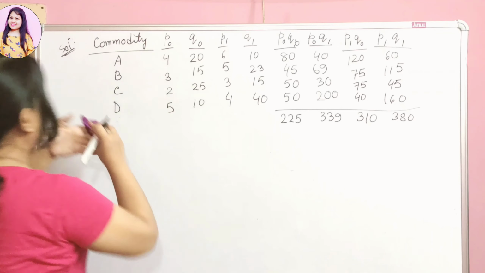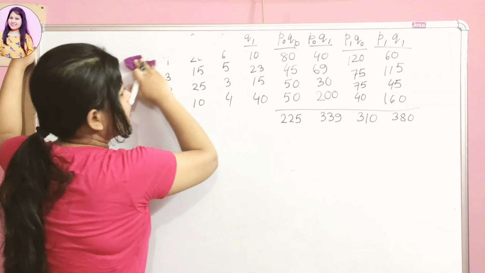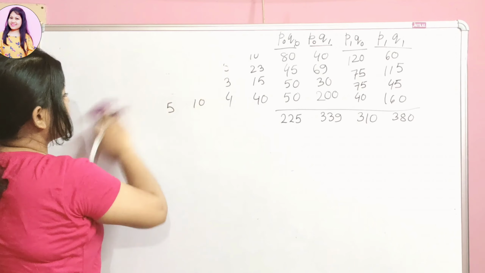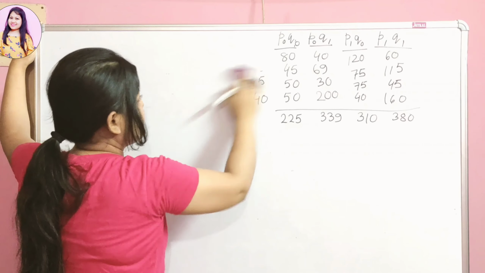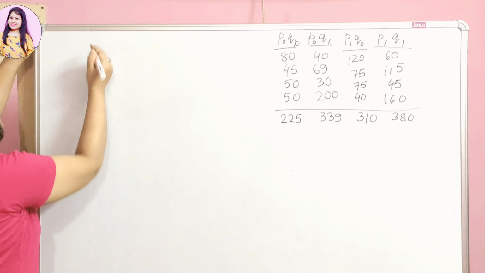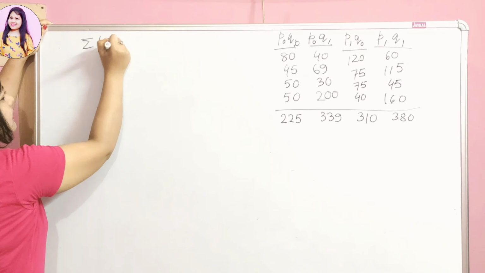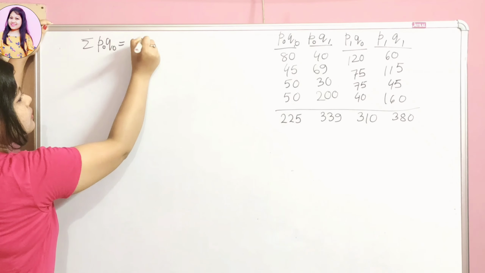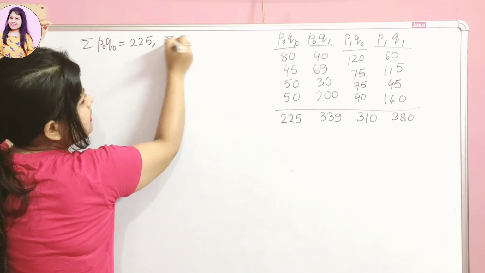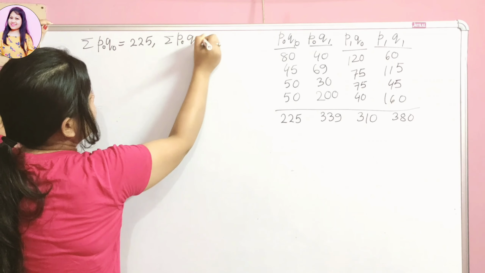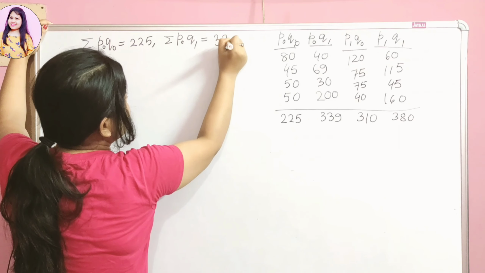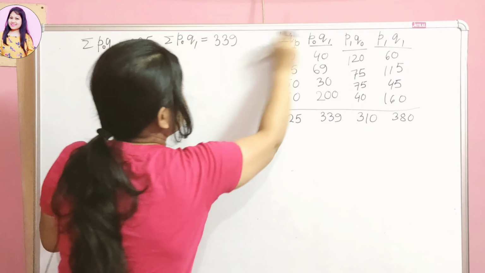So here I will write down all the summation values because these values will be used again and again. Summation of P0 Q0 is equal to 225. Summation of P0 Q1 is equal to 339.